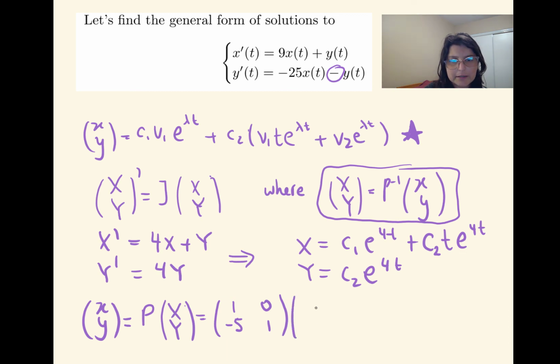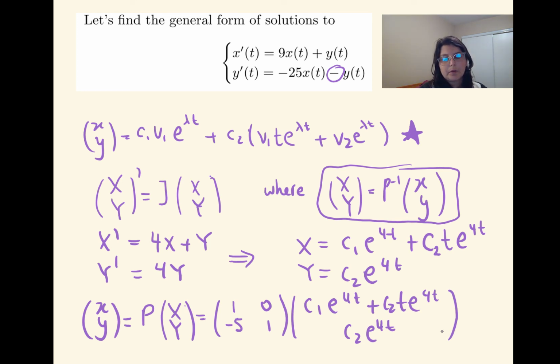And we multiply that by capital X, capital Y. Let me write capital X, capital Y explicitly. So we have c1 e to the 4t plus c2 t e to the 4t, that's capital X, and then c2 e to the 4t, that's capital Y.